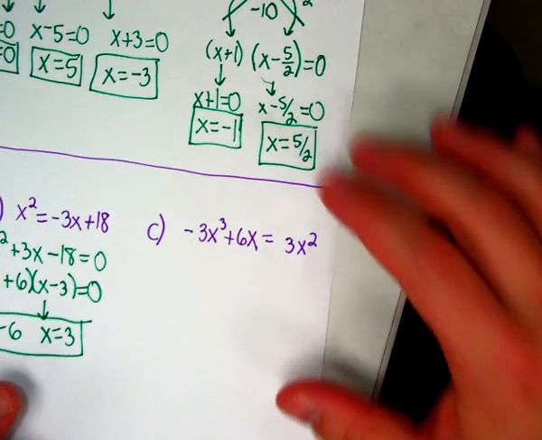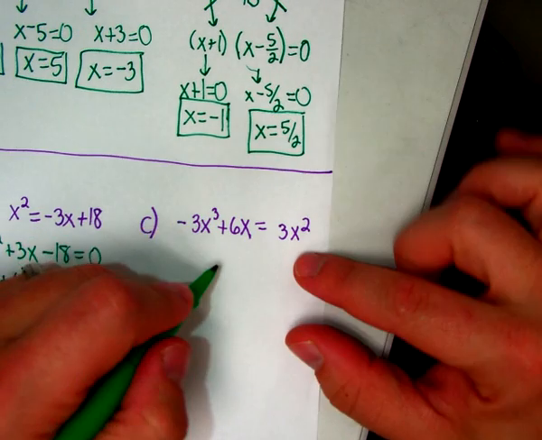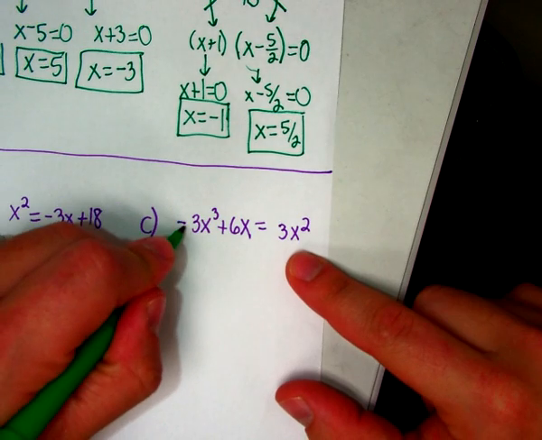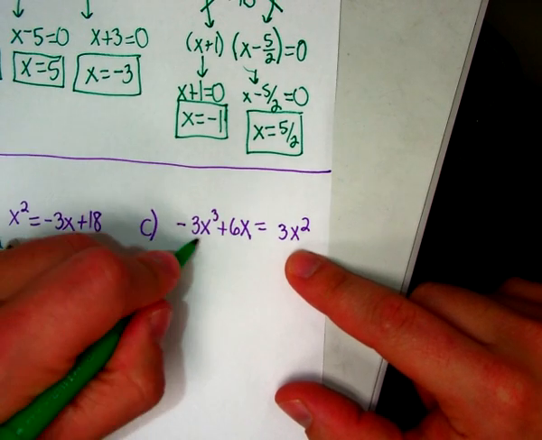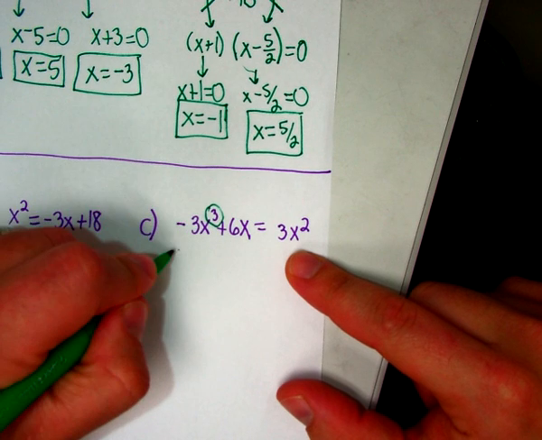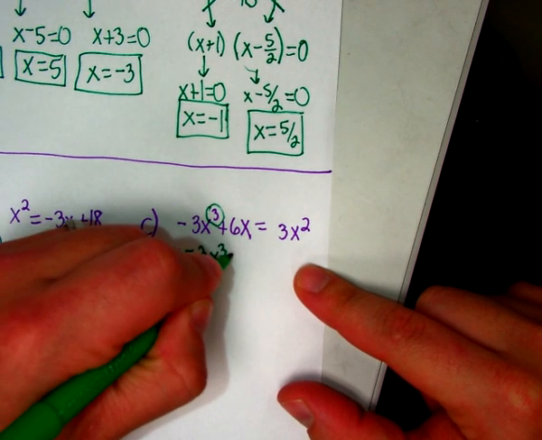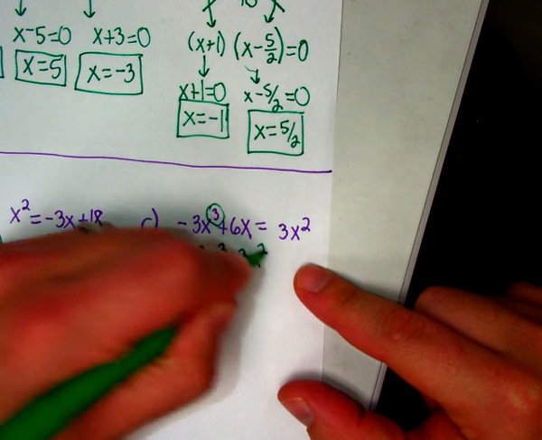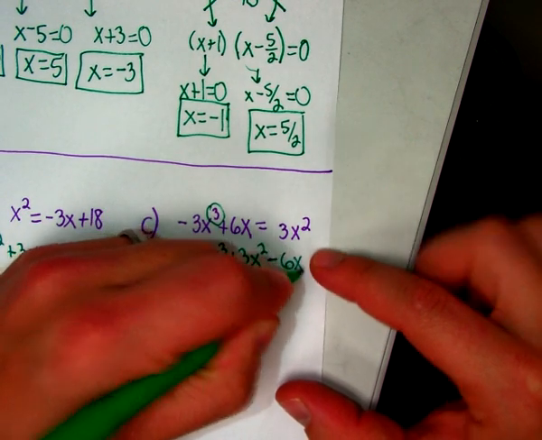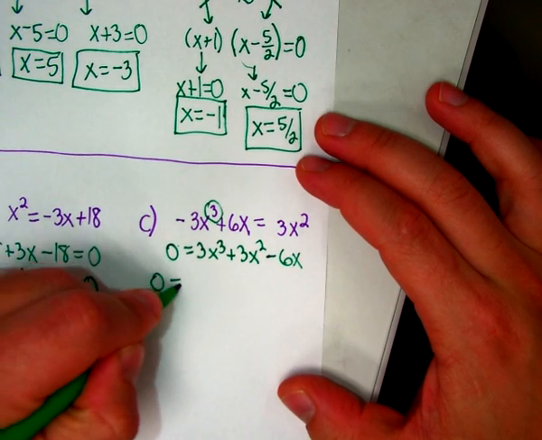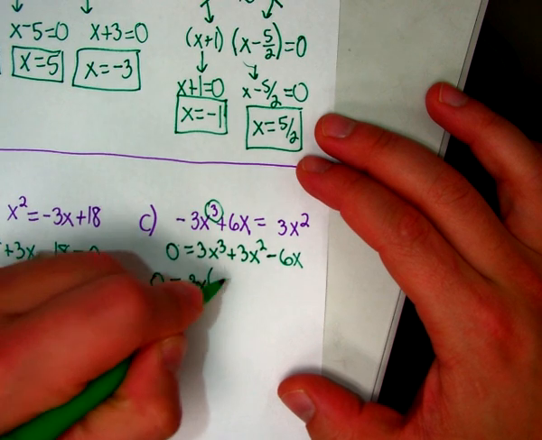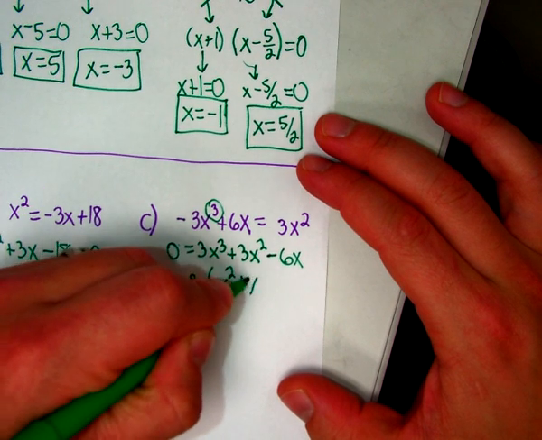And the last problem. Get everything equal to 0. So let's move everything over so the highest degree stays positive. So we're going to have 0 equals 3x cubed plus 3x squared minus 6x. Let's take out the GCF of 3x from this, which will leave us with x squared plus x minus 2.